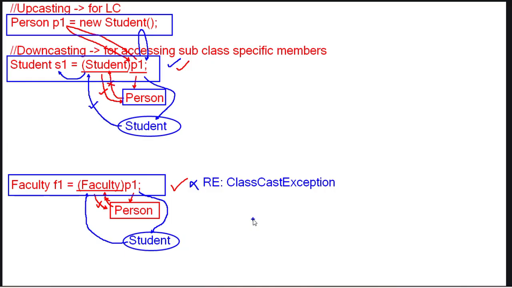Next, how can we solve ClassCastException? Very simple solution: don't do downcasting. But if I want downcasting compulsorily?